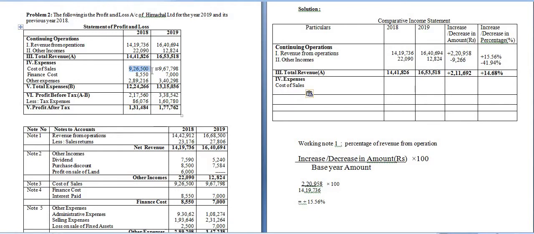It is 9,26,500. Write the amount as it is in the amount column, whereas in 2019 it is 9,67,798.